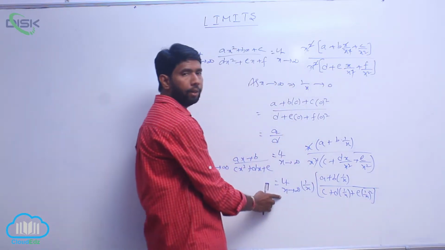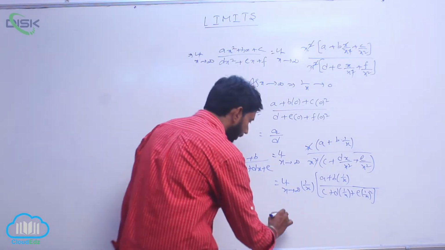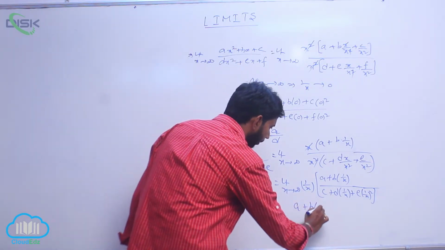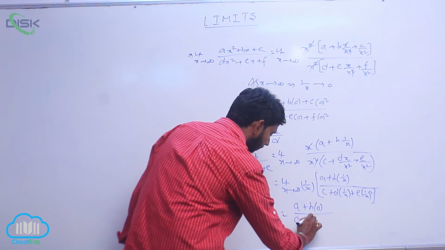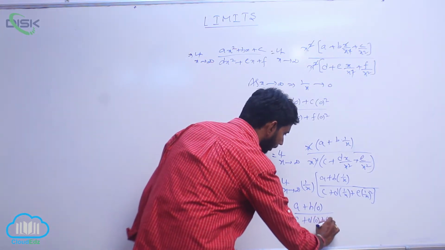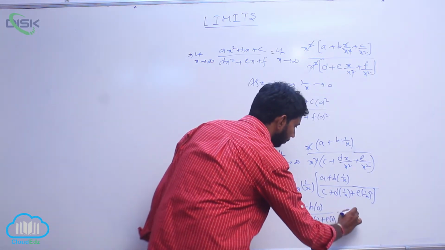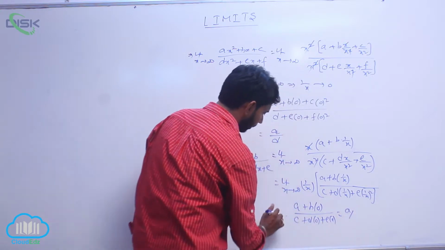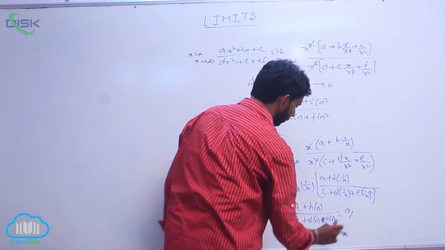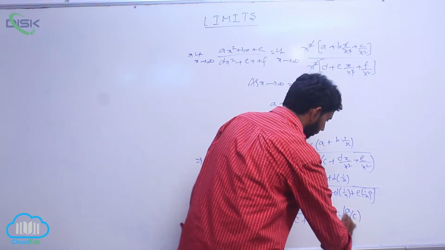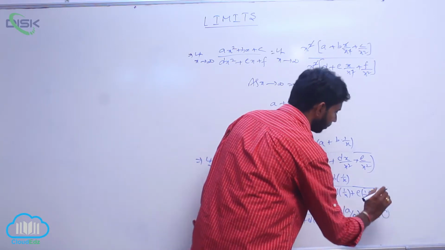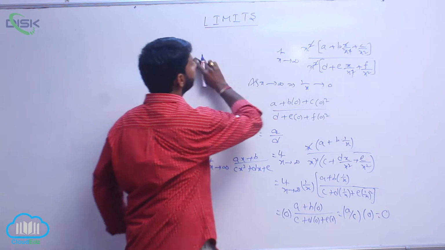As x tends to infinity, 1 by x tends to 0, so it is equal to a plus b of 0 by c plus d of 0 plus e of 0, which is equal to 0 by c, that is 0. And next one.